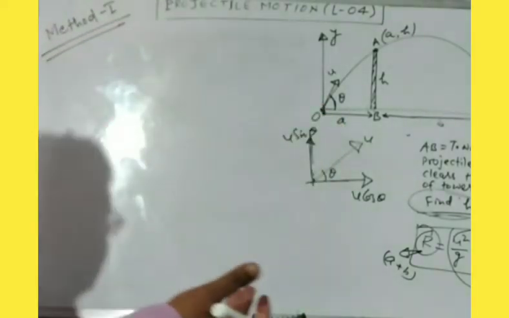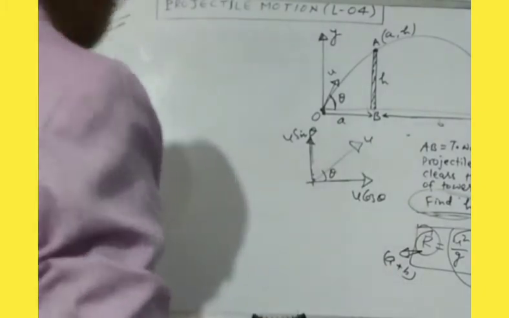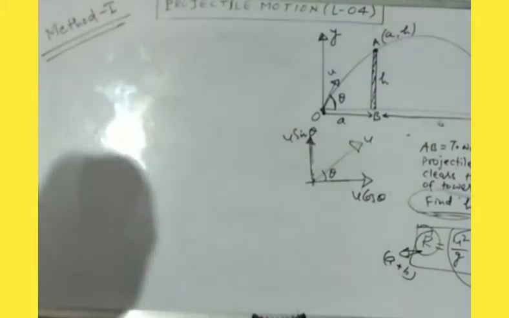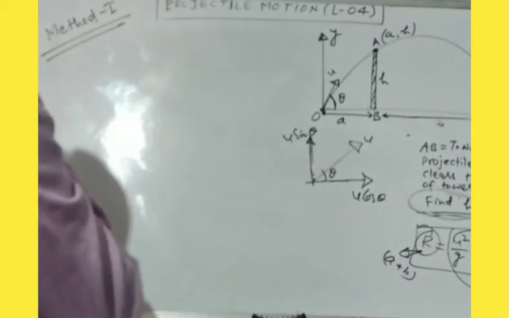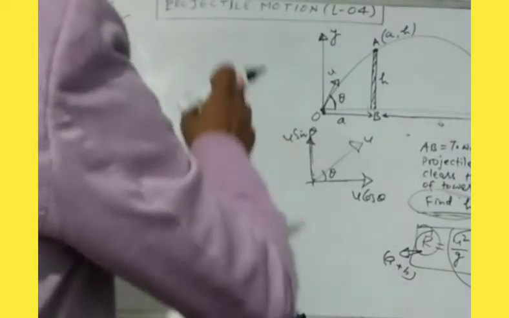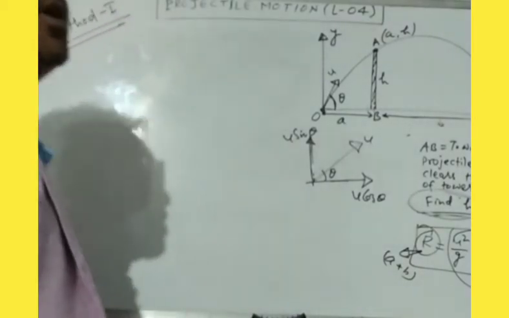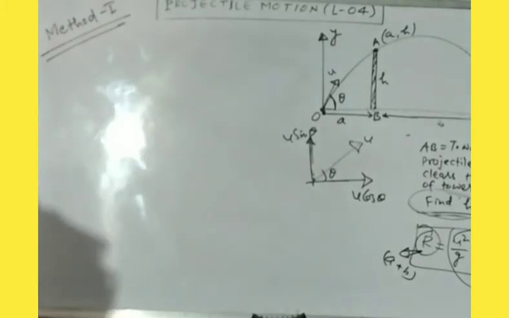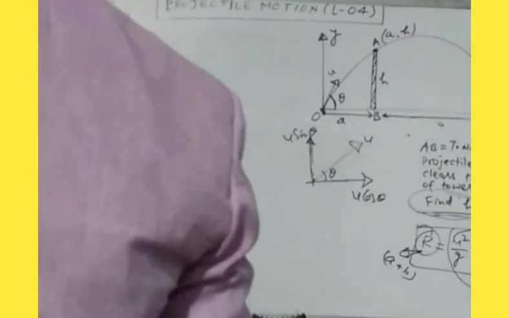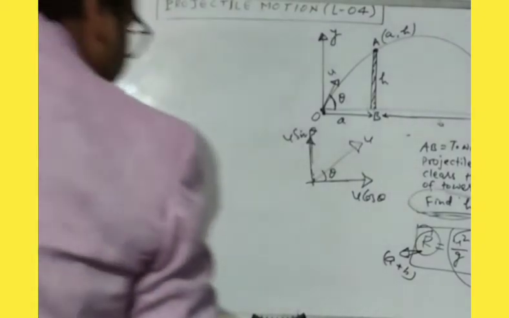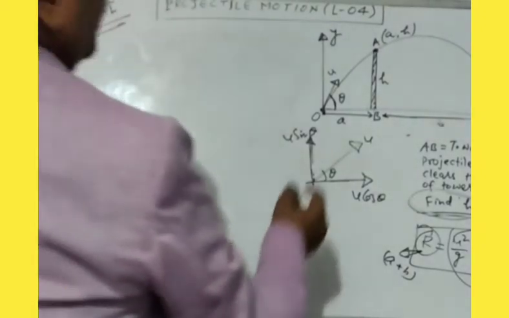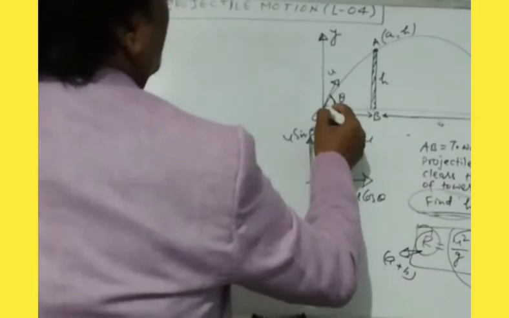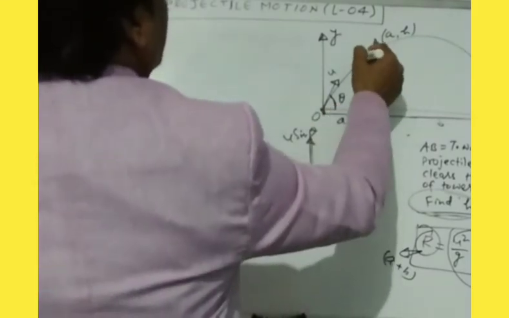So likewise, as in earlier classes, we will consider the motion of this projectile along the x-axis and y-axis separately. Let us suppose the time taken by the projectile to move from O to A is t.